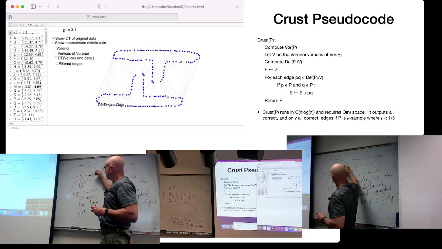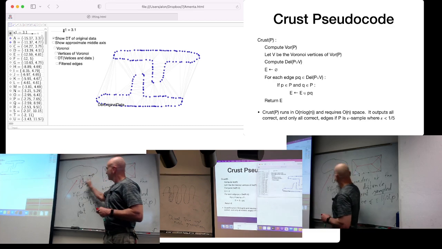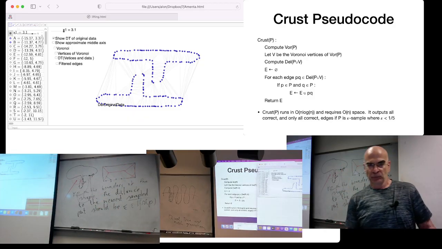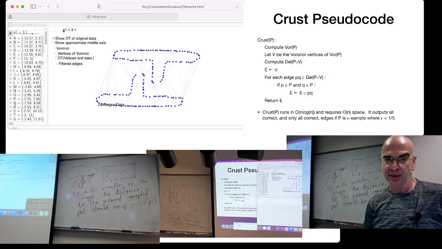Because there is no other sampled point from another shape that annoyingly gets so close to break the closeness between the edges on the boundary.